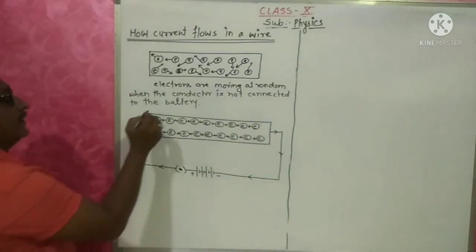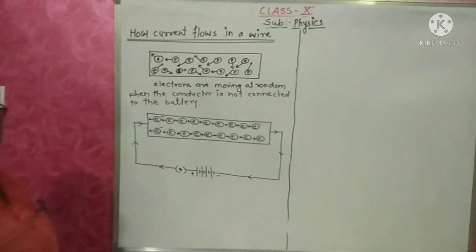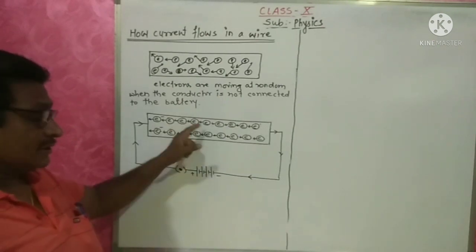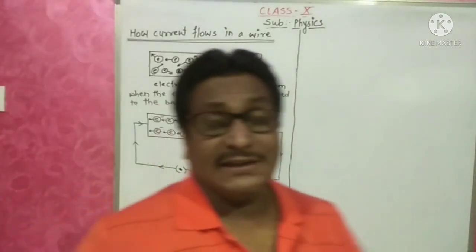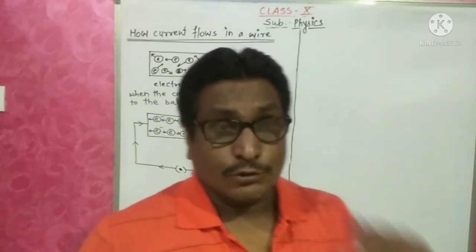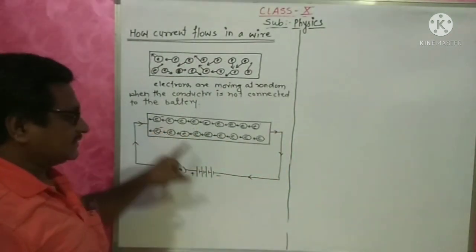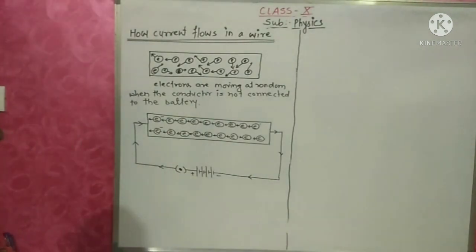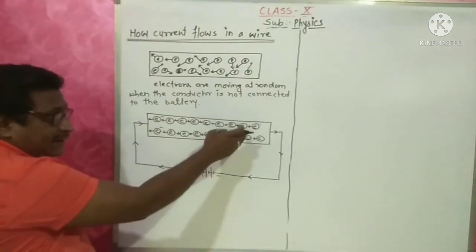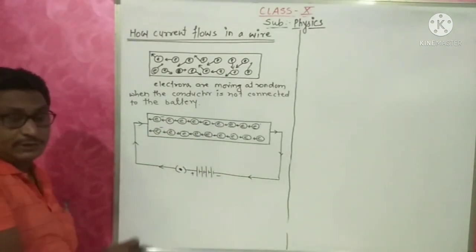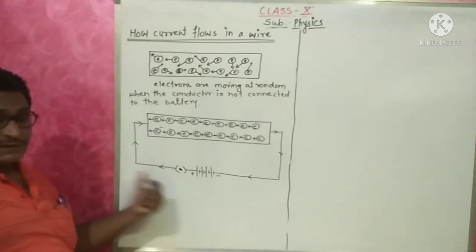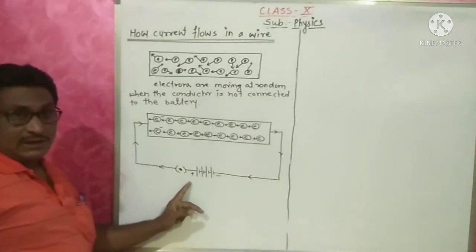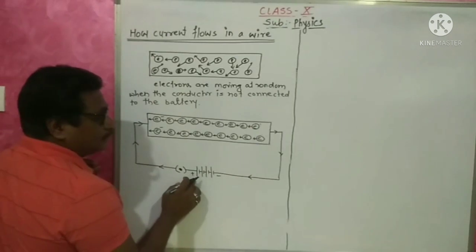Electrons carry negative charge and the battery has a negative terminal. Like charges repel each other, according to the laws of static electricity. So due to that, electrons are attracted towards the positive terminal, since unlike charges attract each other.